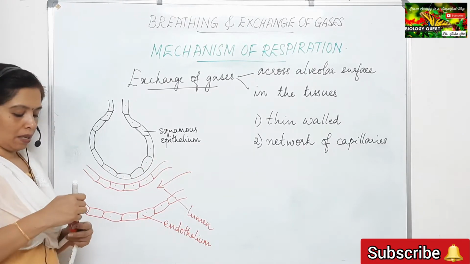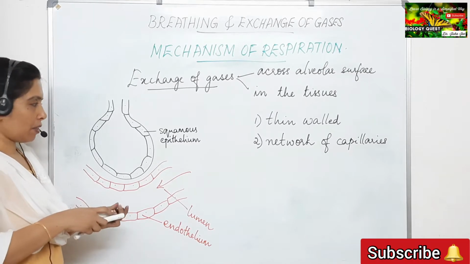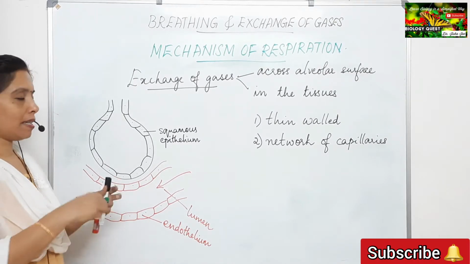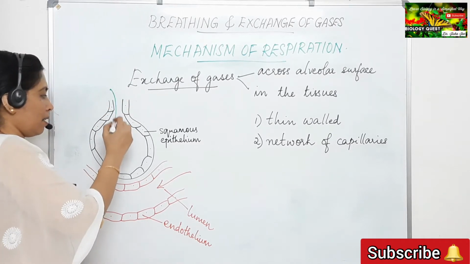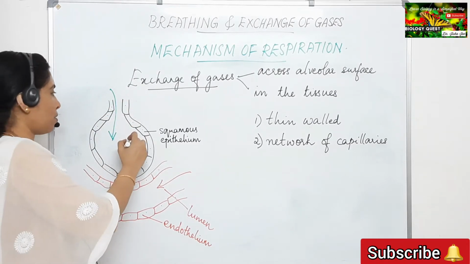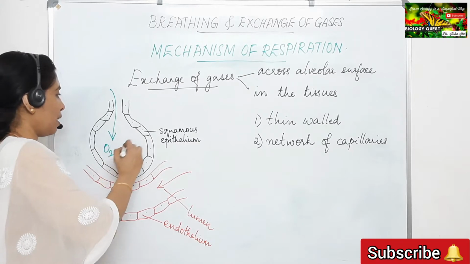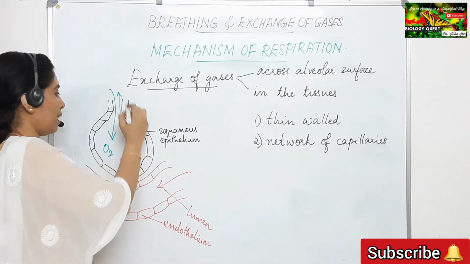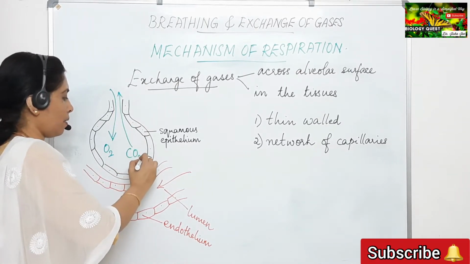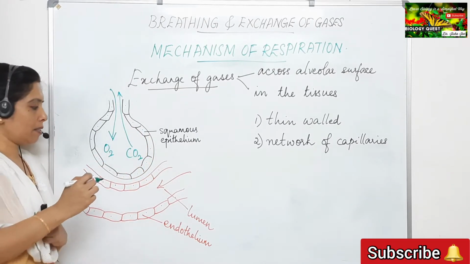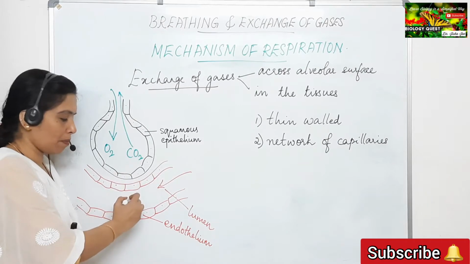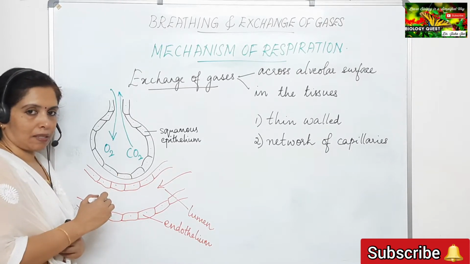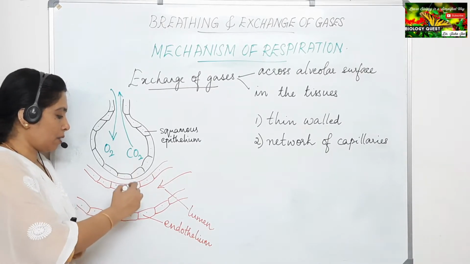So the oxygen rich air from outside enters into the alveolus. The carbon dioxide rich air moves out of the alveolus, and this oxygen from the alveolus diffuses into the blood in the capillaries. That is how it occurs.